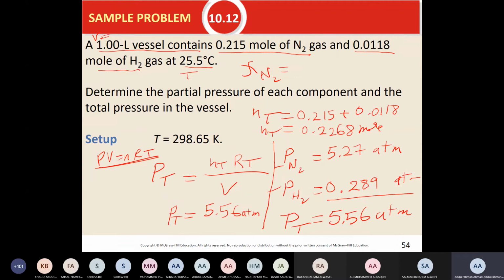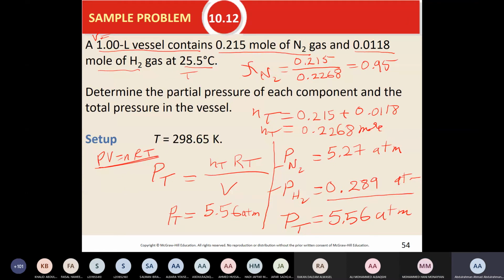0.215 divided by what? 0.2268. Exactly. Give me an answer. 0.95.